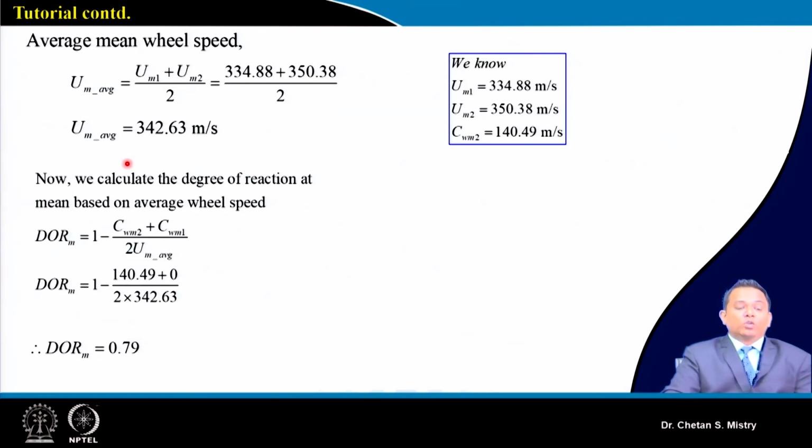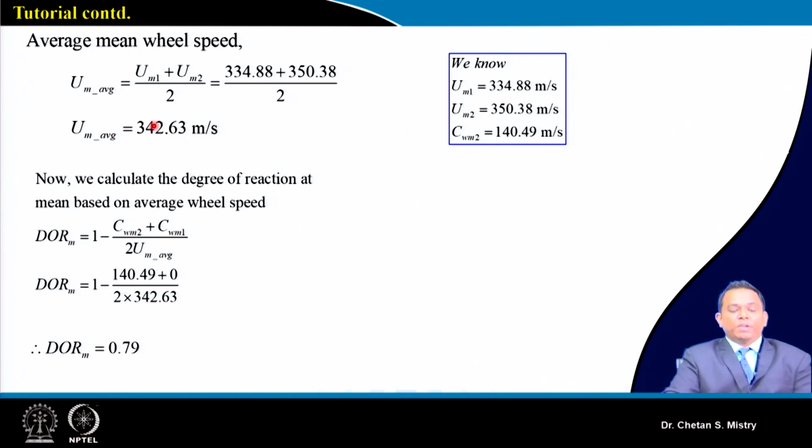Now in order to calculate the degree of reaction, we write the degree of reaction equation in terms of peripheral speed. Rather than selecting U at entry or U at exit, to avoid that kind of confusion, we will take the average value of peripheral speed.